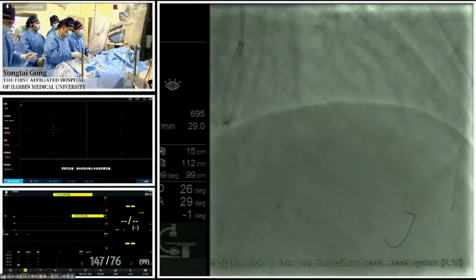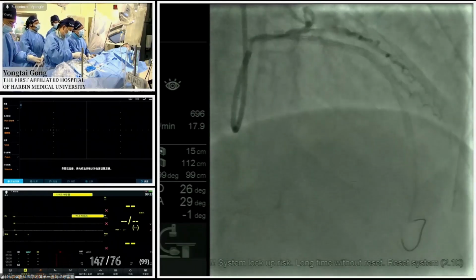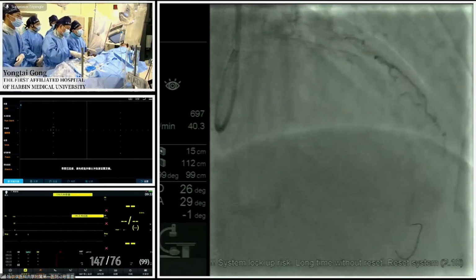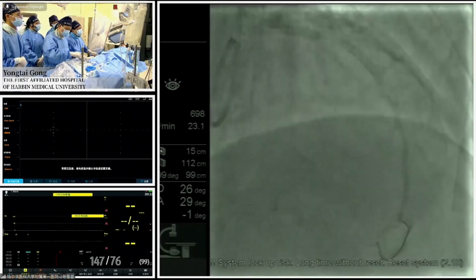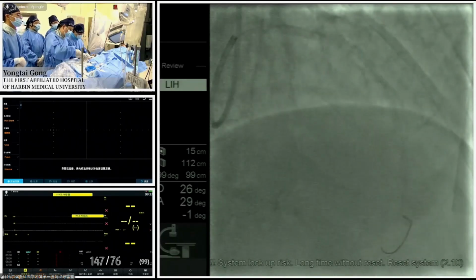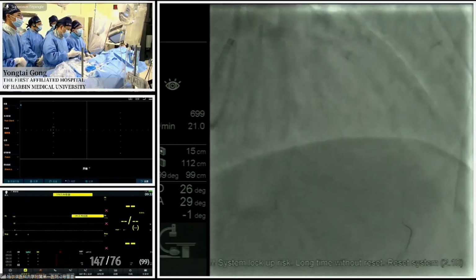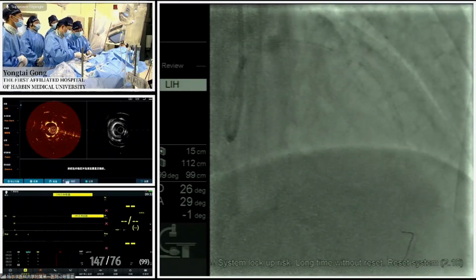The size is selected by the stent size. So both the size and the length of the balloon are very important for the POT.